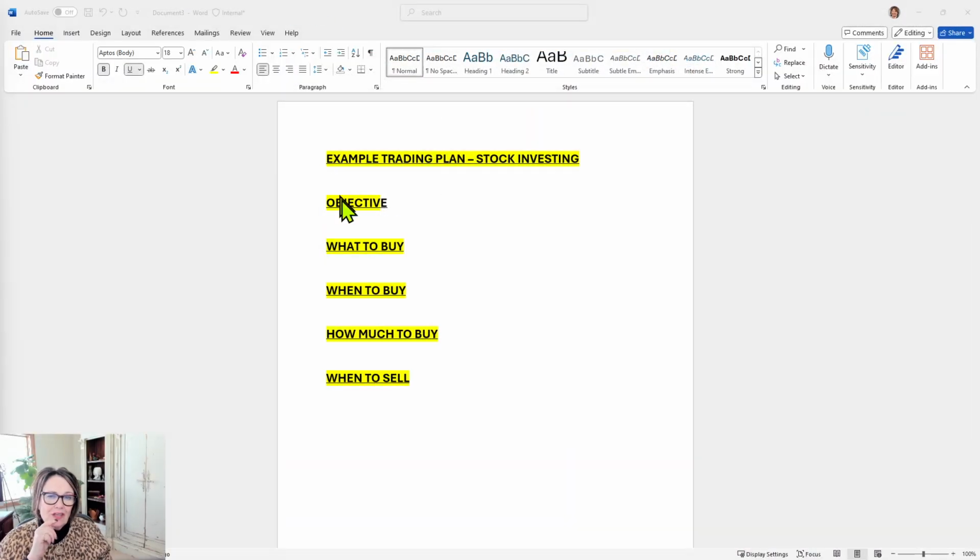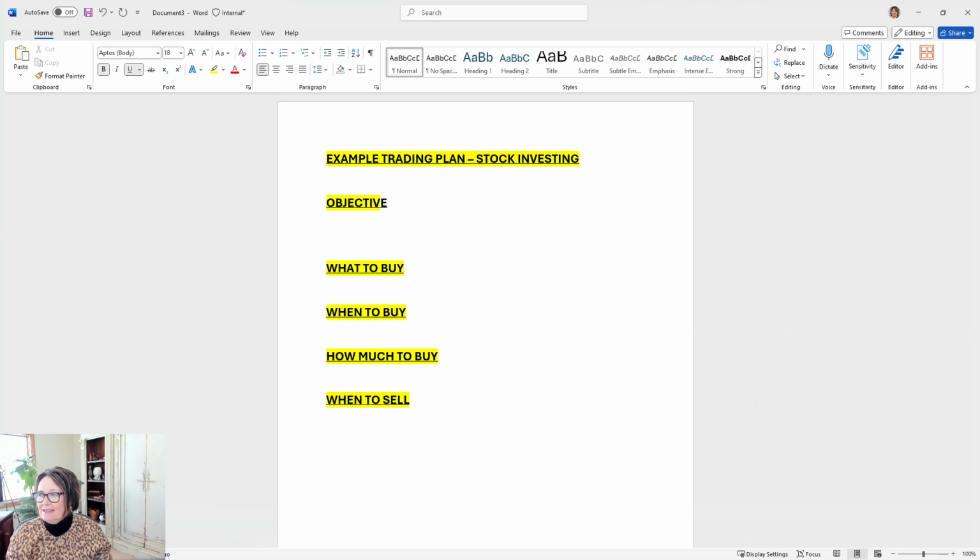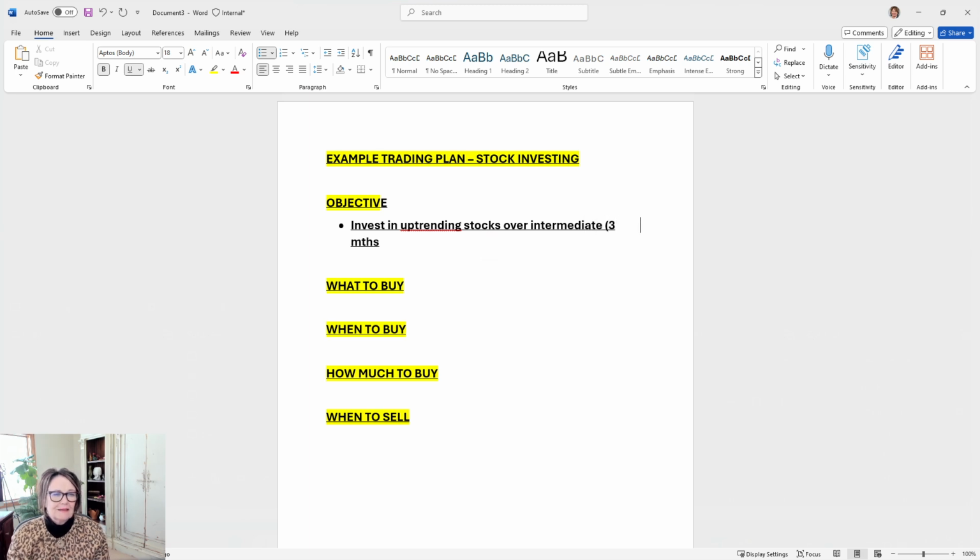So, what's our objective? Because we can trade stocks in lots of different ways. We can do a short-term swing trade. We might be looking for value stocks or stocks that pay a dividend. In this case, what we are looking to do is to just invest in uptrending stocks over the intermediate, and by intermediate, it's kind of 3 months to a year, or the longer term, 1 year plus time frame.